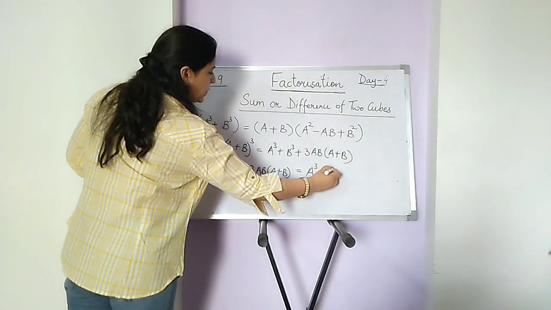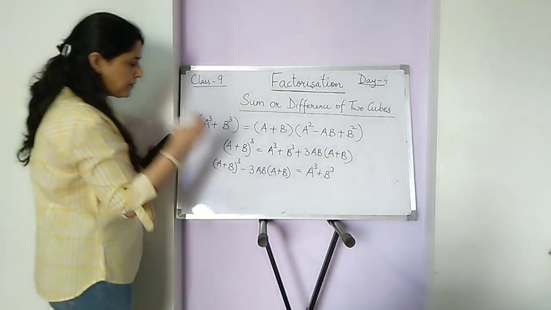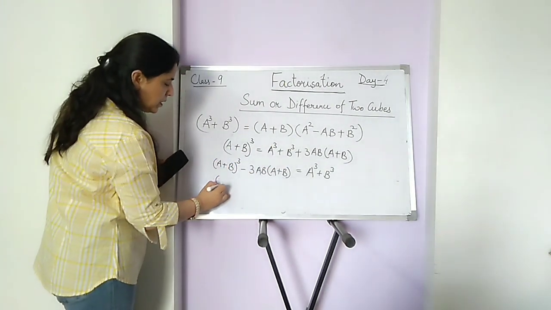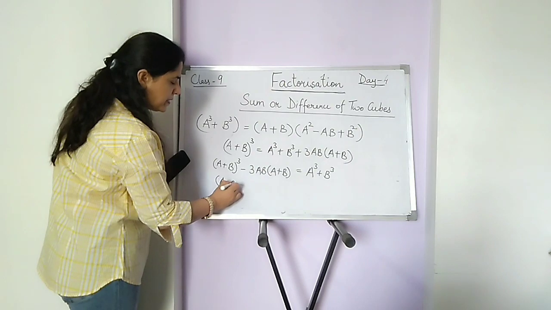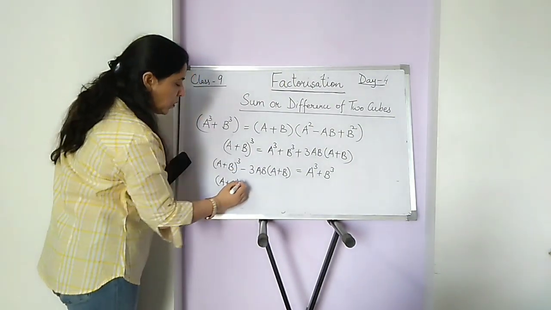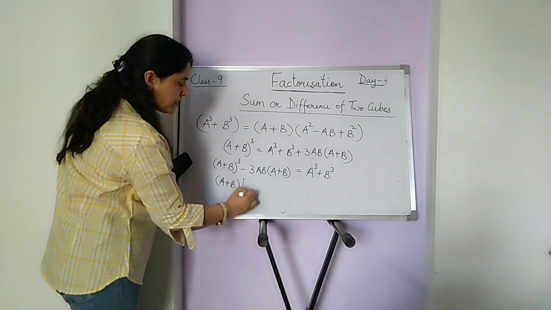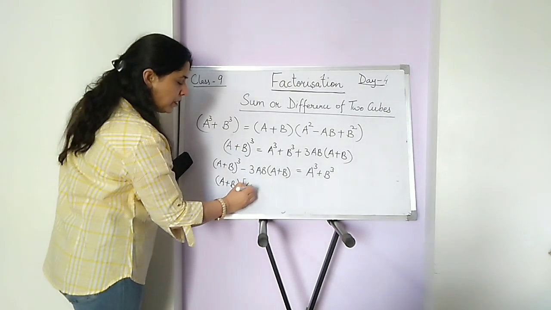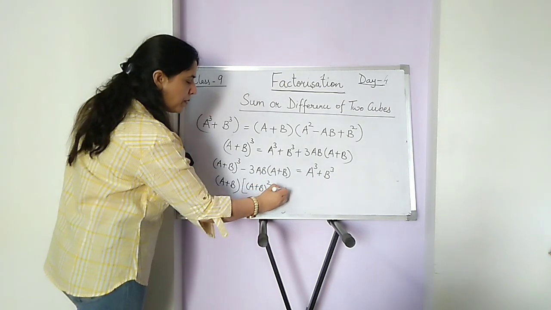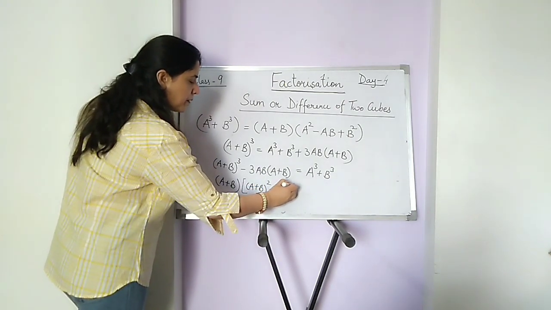Now let us write it in simplified form, a plus b cube minus 3ab into a plus b, and let us factorize this. So a plus b is a common bracket, power 3 and here the power 1. So what comes inside? A plus b the whole square minus 3ab. Clear?